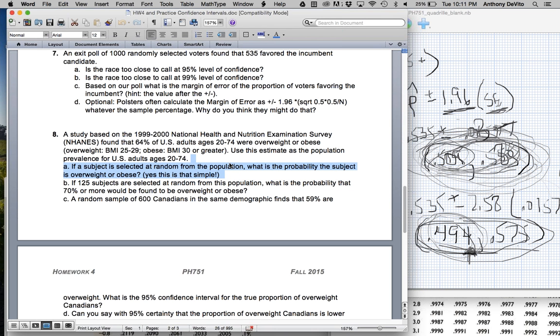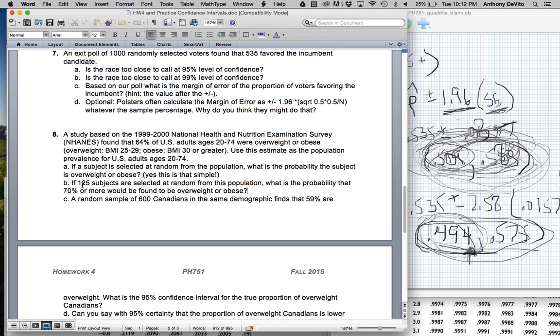If we randomly select a person, 64% of the time he will be obese, because that's the proportion that we know in the population. Next: if 125 subjects are selected at random from this population, what is the probability that 70% or more were found to be overweight or obese?